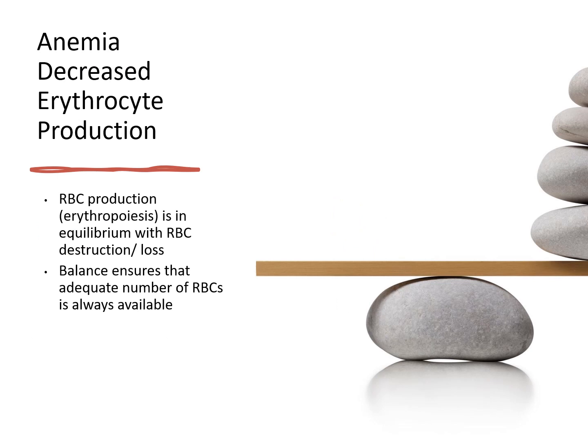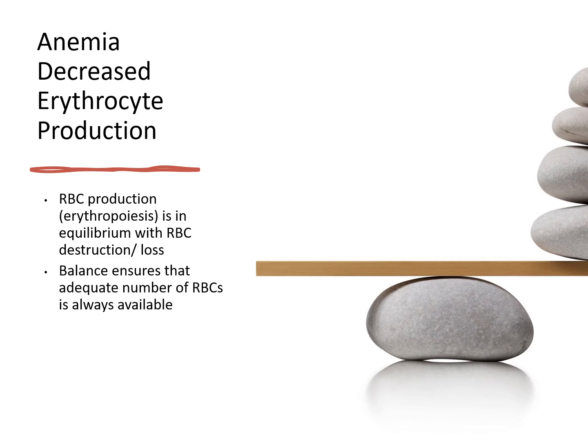Decreased erythrocyte production. So the RBC production, which is erythropoiesis, has to be equal with the destruction. So the average life of a red blood cell is 120 days. So in those 120 days, at the end of that cycle, as this cell dies, there must be production of new red blood cells. And the kidneys really function in this because they produce the erythropoietin.